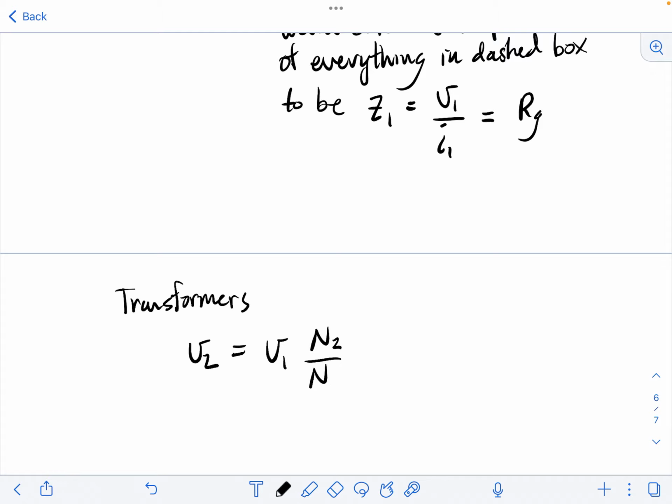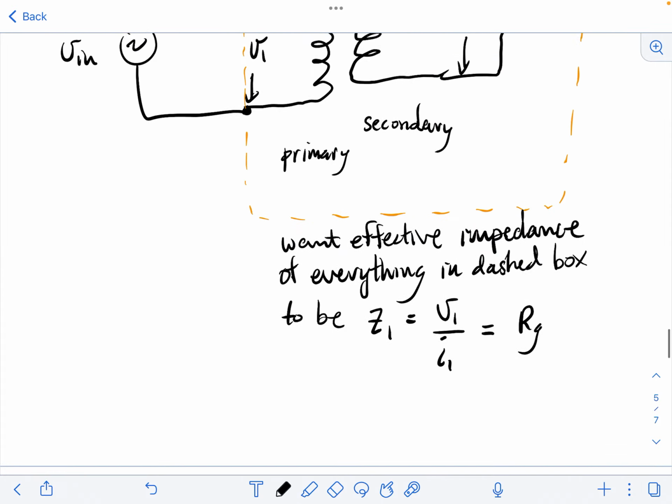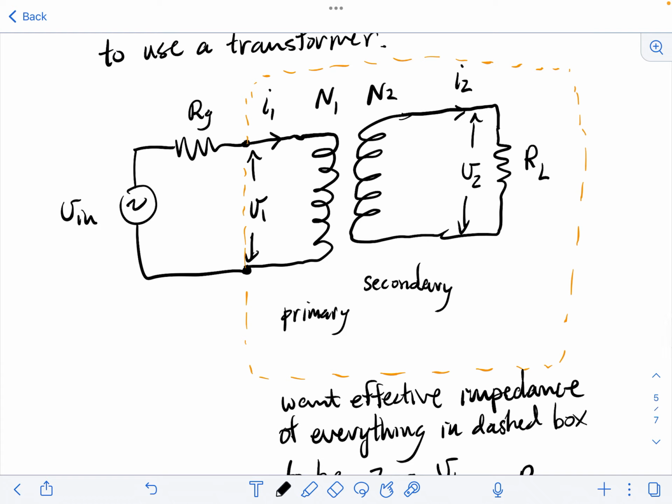So if you wanted to step a voltage up, which sometimes you would, then you would make N2 bigger than N1. And so if it was double, you would get double the voltage.